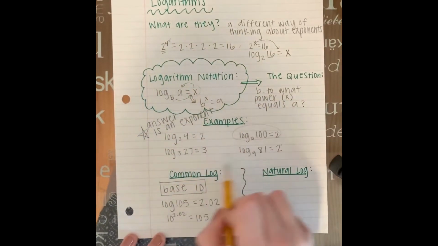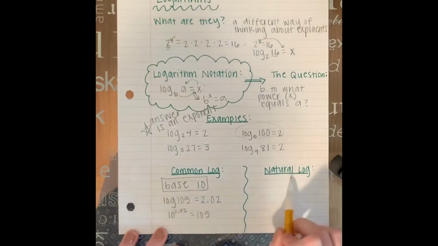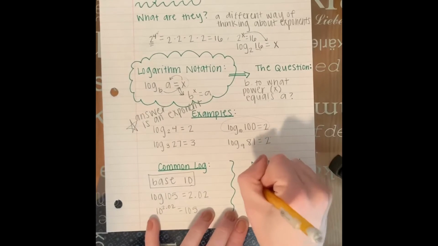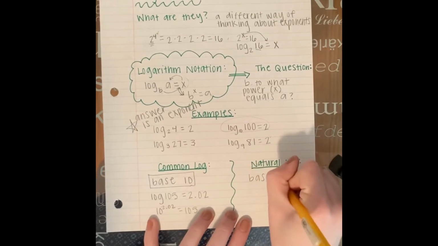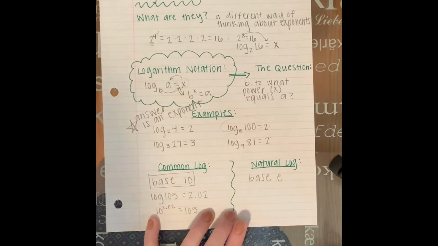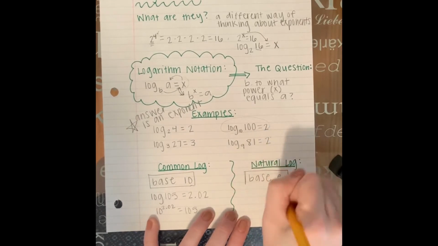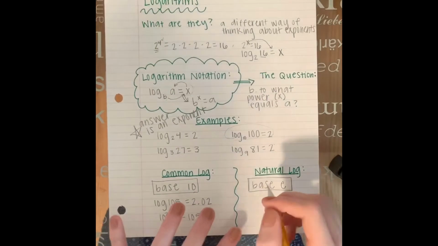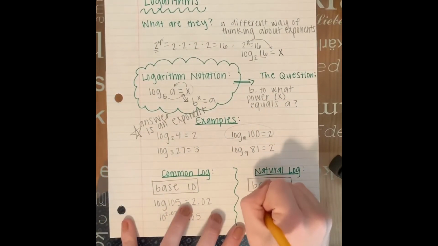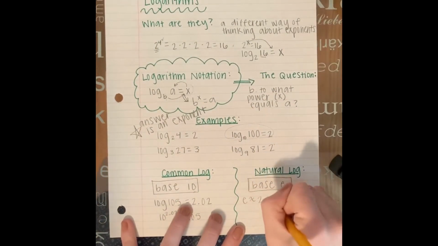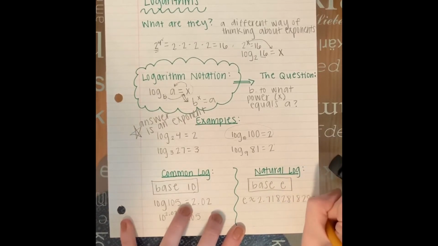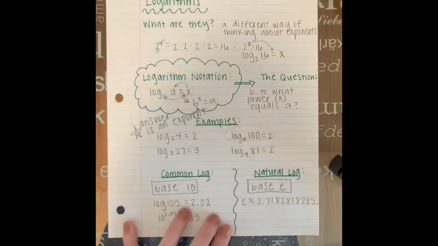These logs up here are not on your calculator. These are. Natural log is another one. Natural log has a base of e, the number e. Now we haven't really dealt with e, but e is a number kind of like pi. It's approximately 2.7182818285, and it keeps going forever, just like pi does.